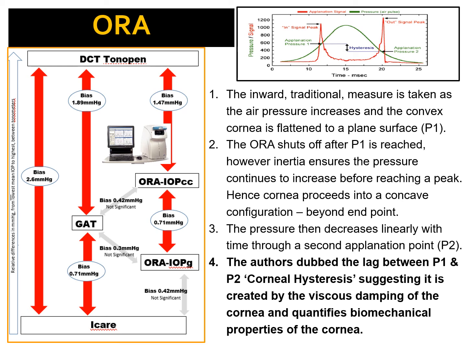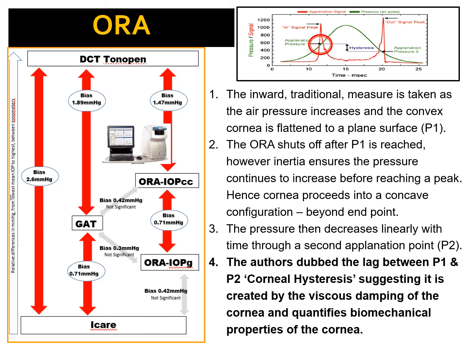These two, Luce and Taylor, found, Luce in particular, I think, the inward measure. You're doing applanation with an air puff tonometer, so you're increasing the air pressure to applanate the cornea. And the inward applanation measure is taken as the air puff increases and the convex cornea is flattened to a plane surface.